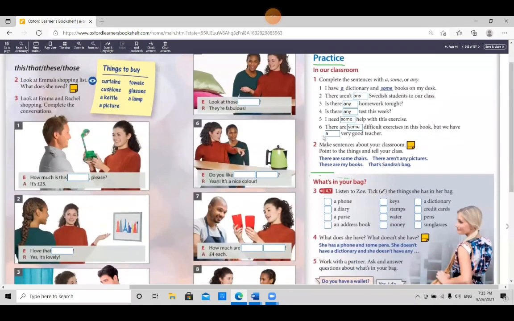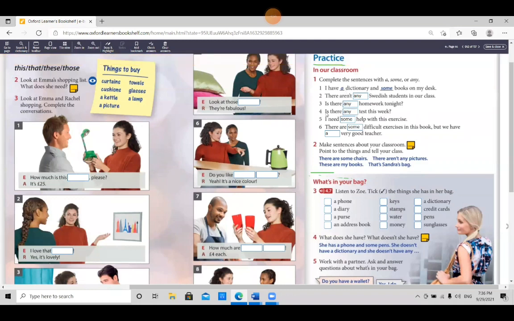So here are the answers. Any question? We always use any. Is there any, as you see. When we have a singular noun, we use a. Teacher, why is there any? Because it is a question. If it is a positive sentence, not a question, we use a.